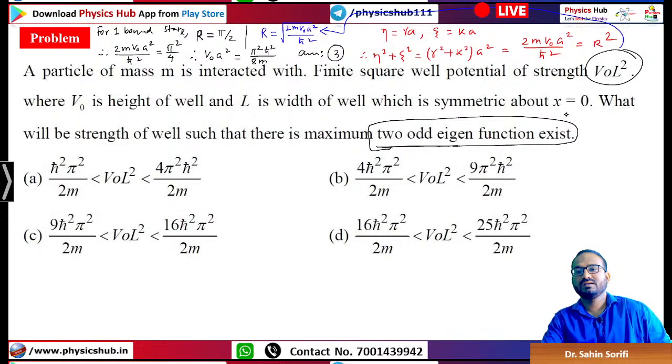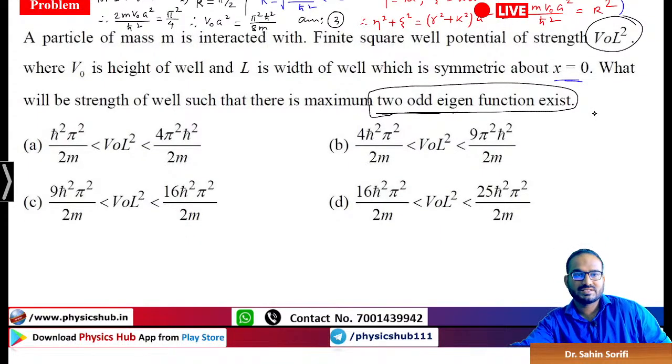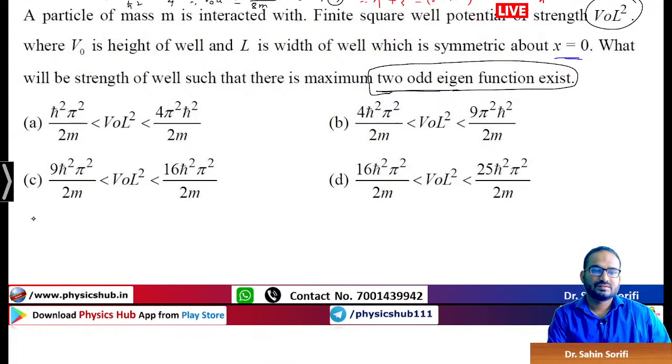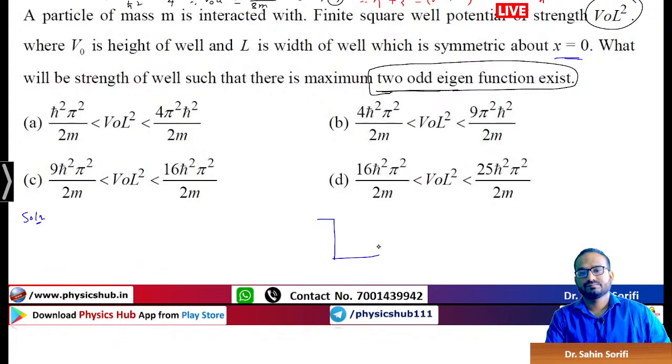Look, the finite square potential is symmetric about x equals 0. So this is our first case, isn't it? The case which is given to you is this. V naught, it is symmetric about x equals 0, and the width is L. So it is minus L by 2 to plus L by 2.